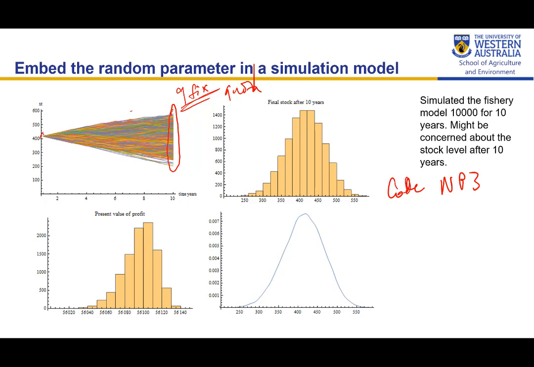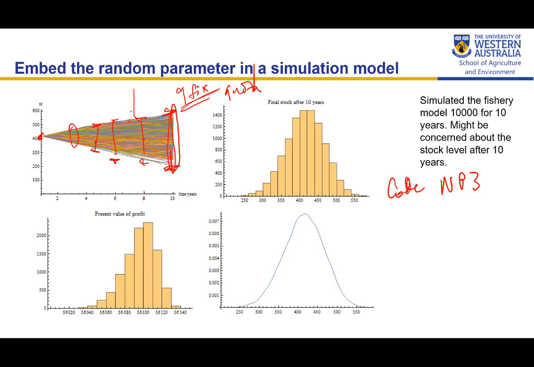Initially we're starting at 400, and we've got quite a narrow distribution, and then as we go through years 2, 4, 6 and 8, the distribution becomes wider and wider.